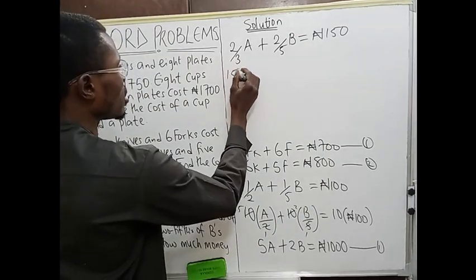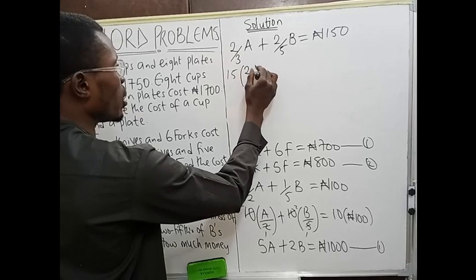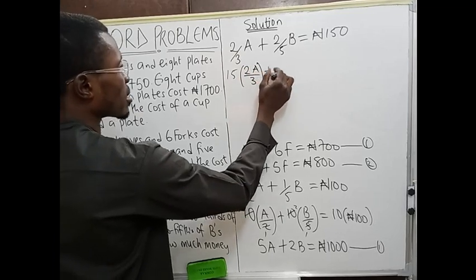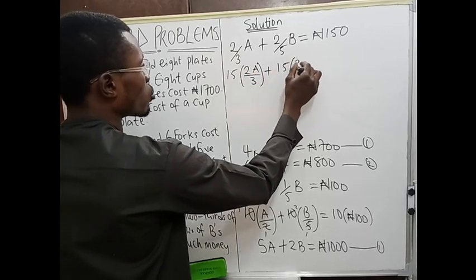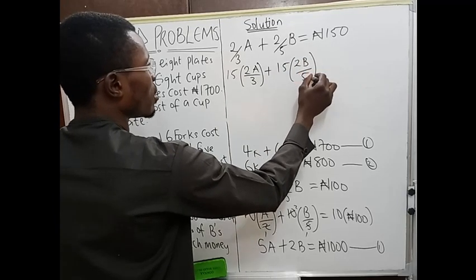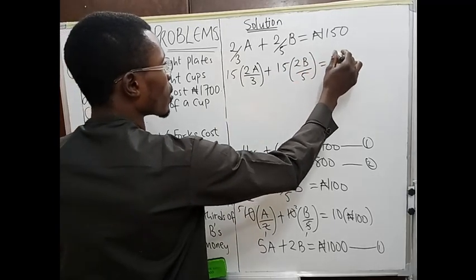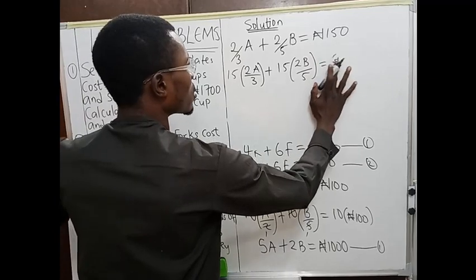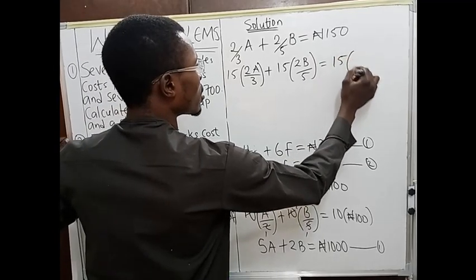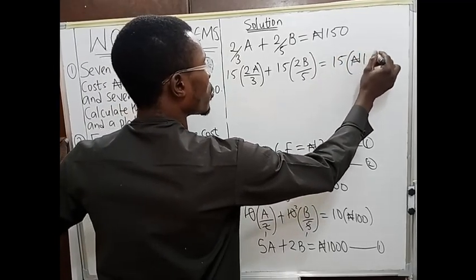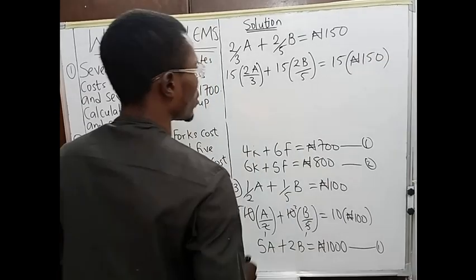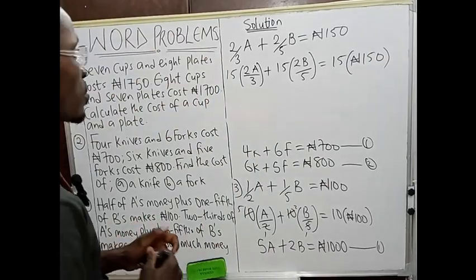So you have 15 times 2A over 3 plus 15 times 2B over 5 equals 15 times 150 naira. Okay, what will this give us now?